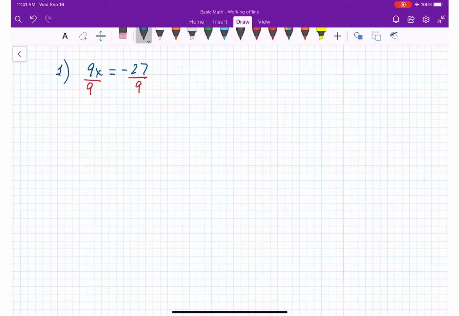So this 9 is gone with this 9. 27 divided by 9, or I can say in the language of simplification, both of them divided by 9: 9 by 9 is 1, 27 by 9 is 3. So x is equal to negative 3. Okay, next one.